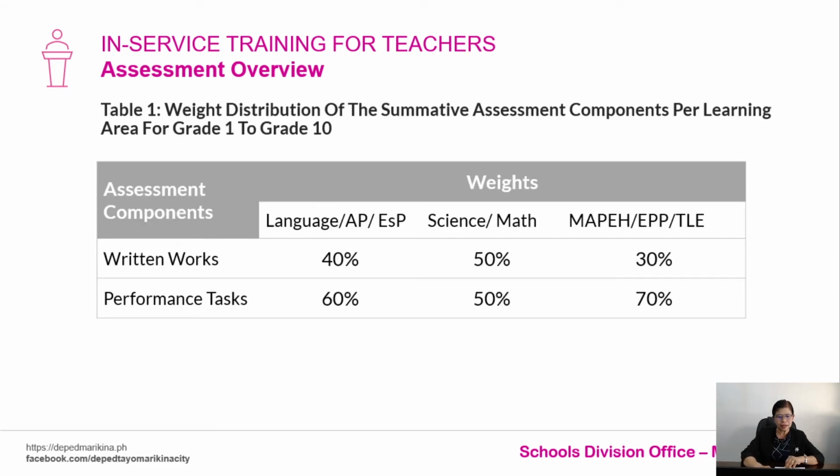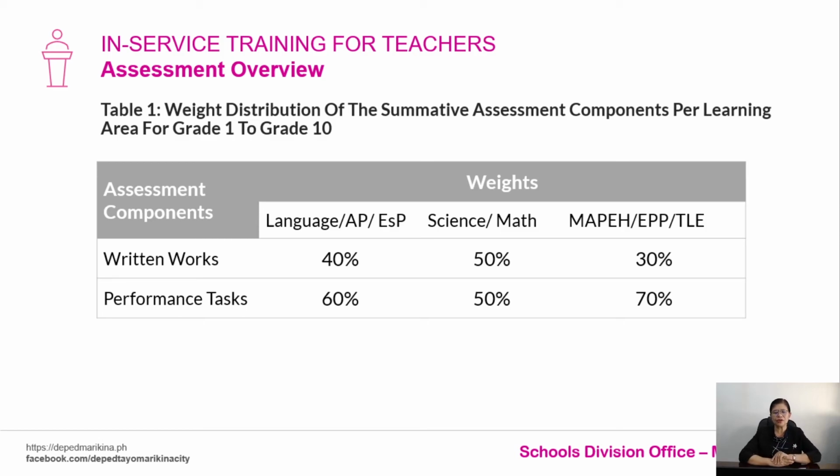Okay, and again, you might be familiar already with the distribution of the grades or percentages for the summative assessment components per learning area. This is for grades 1 to 10. So we also have here written works and performance tasks. For language, AP, and ESP, you have 40% and 60% respectively for the written works and performance tasks. And then science, both have 50%, and MAPEH, EPP, and TLE, 30% and 70%.